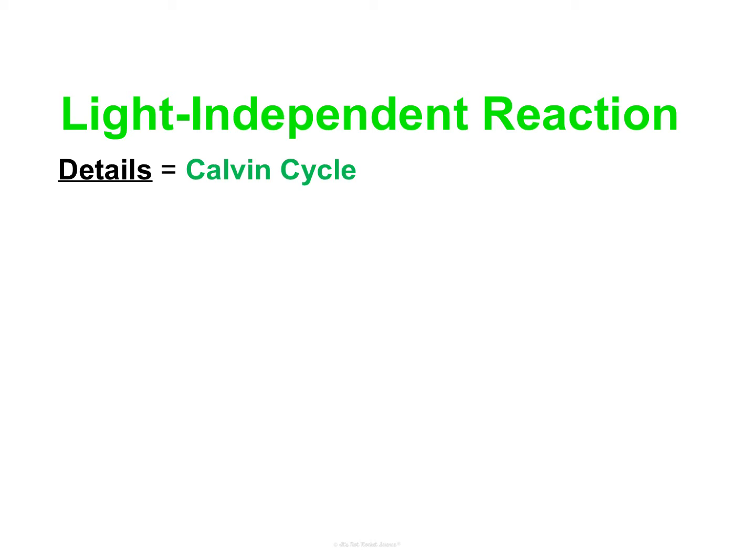Okay, so if we look at the details or the steps of what's happening in the Calvin cycle, we're going to try to split it up into 4 brief steps. First we're going to have what we call the grab phase of the Calvin cycle, and we're calling it grab because it's grabbing onto stuff. In the grab phase, our carbon dioxide is going to diffuse into our stroma, so it's going to go out and mix into the syrup portion.